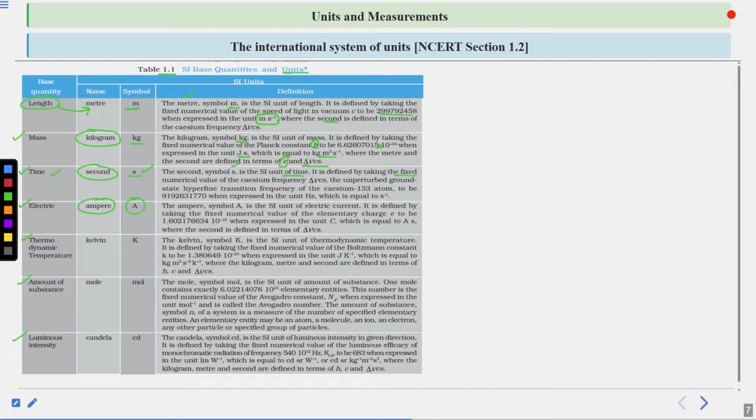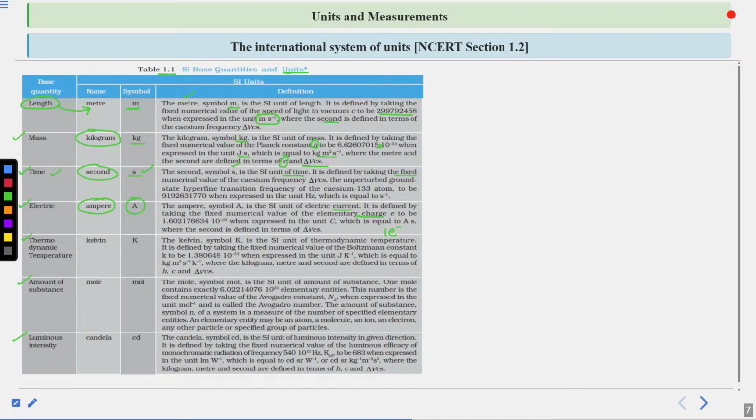The ampere, symbol A, is the SI unit of electric current. It is defined by taking the fixed numerical value of the elementary charge. e is the elementary charge, and 1 e, or we can say 1 electron, is equal to 1.602176634 into 10 raised to the power minus 19 coulomb.